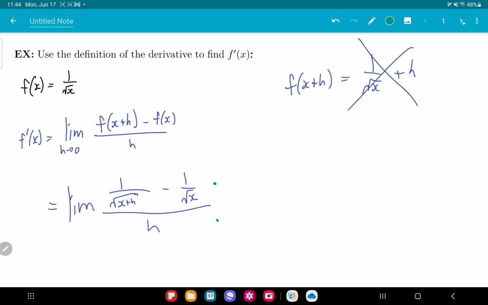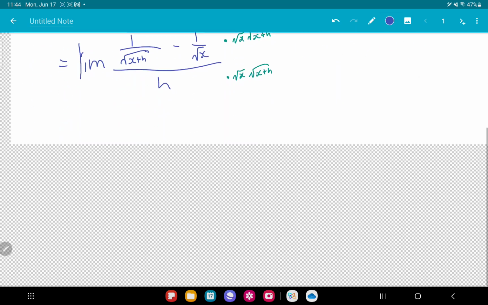So what I'm going to do is multiply by root x times root x plus h, because that will kill this denominator and also this denominator. And I multiply top and bottom by that, and we'll get a nice simplification.